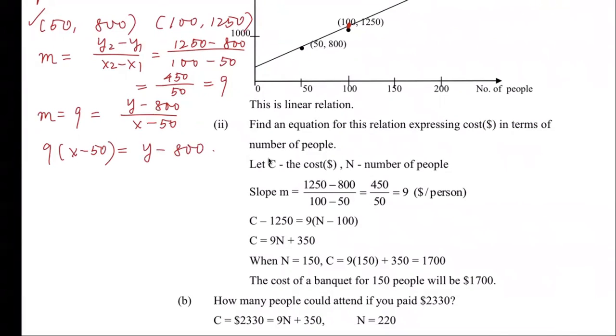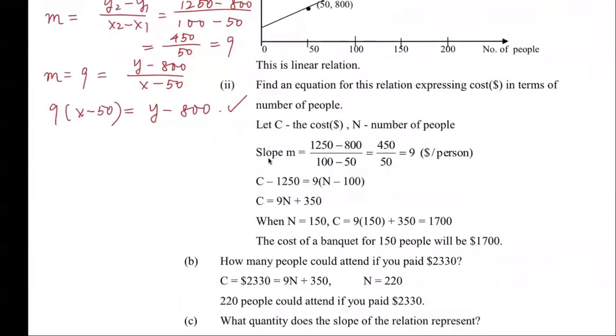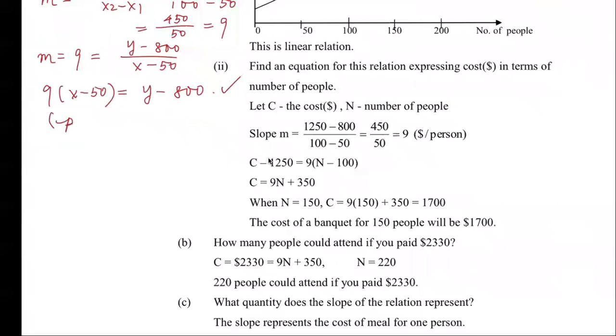Okay, so technically, if you leave your answer like this, it is already a correct answer, because this form is called the point slope form. So if you leave your answer like this, it is the right answer. However, I personally prefer the slope intercept form, because that's easier for me to do all the calculation.